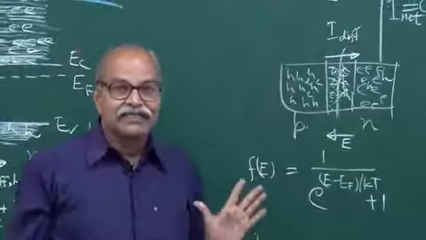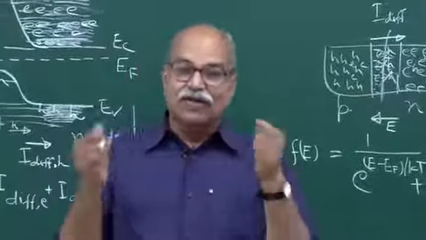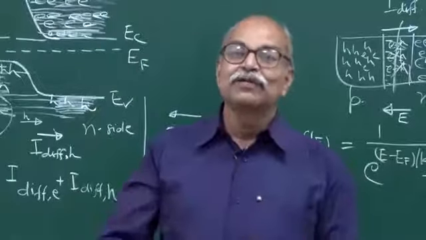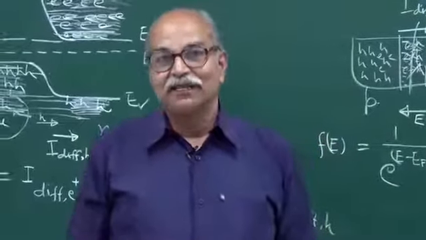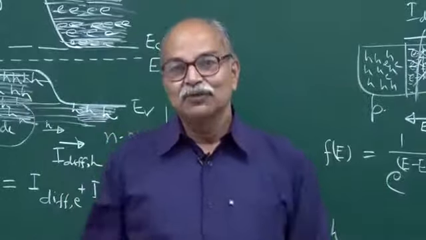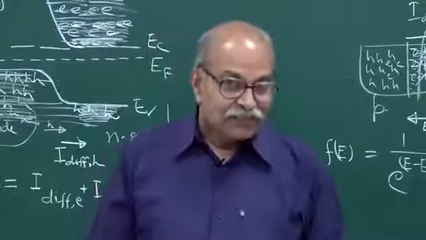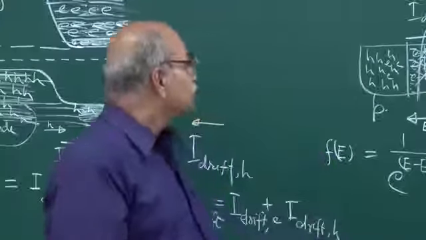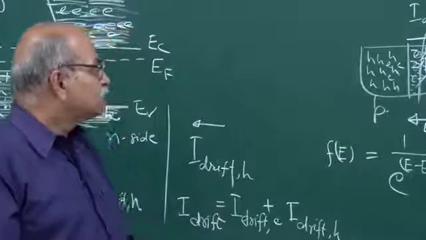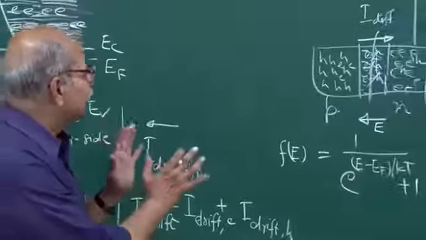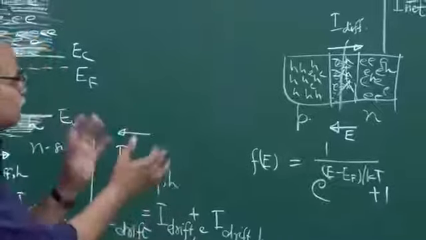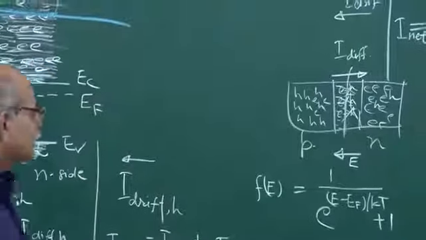Next, the next task is now connect this p-n junction to some kind of an external circuit. After all, this is made to make use of. So let us try to make a very simple kind of circuit diagram here.